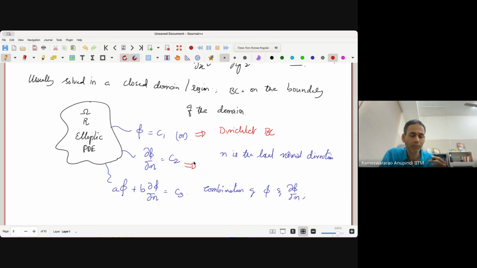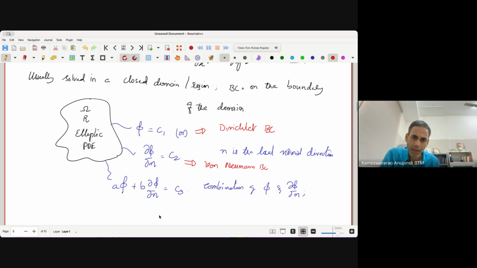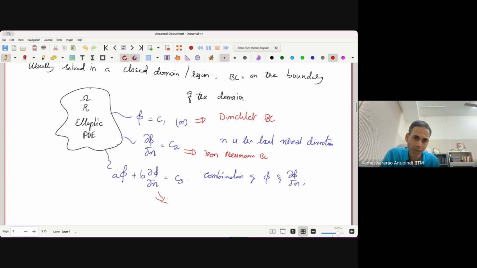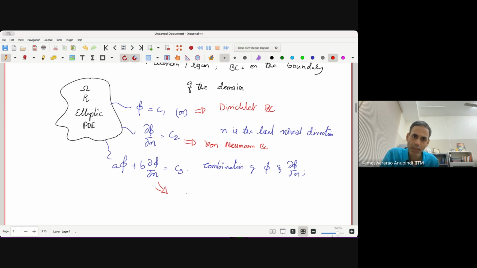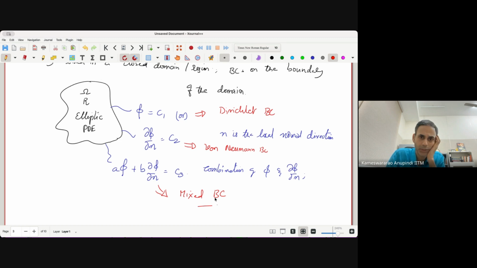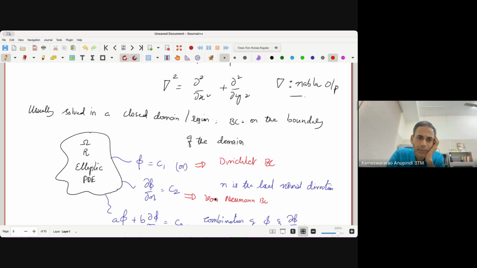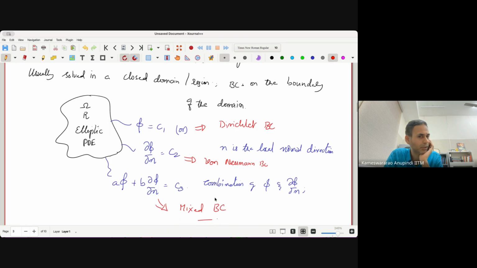Specification of the gradient of the dependent variable is called von Neumann boundary condition. Specifying a combination of these two is known as a mixed boundary condition. Okay, so any of these can be specified on the boundary.